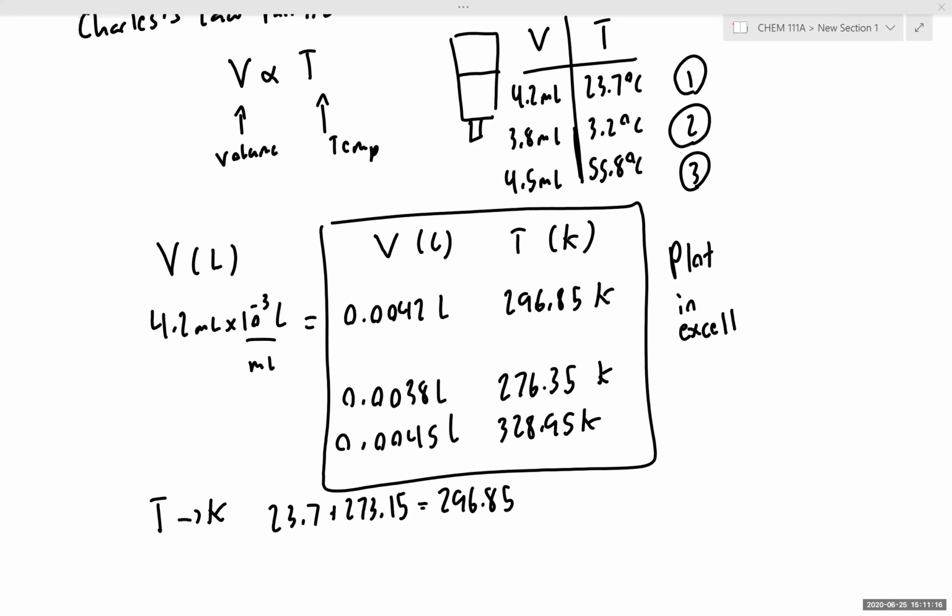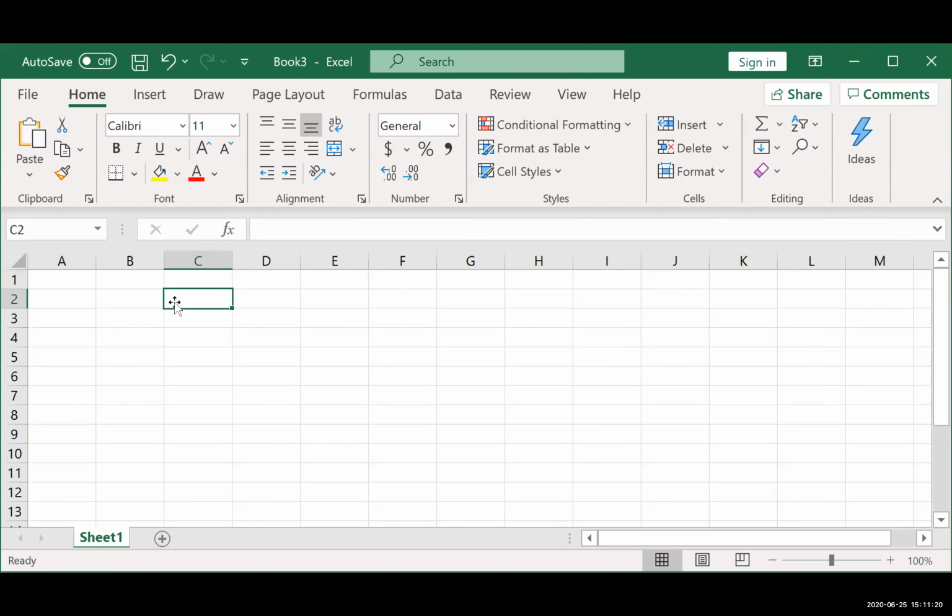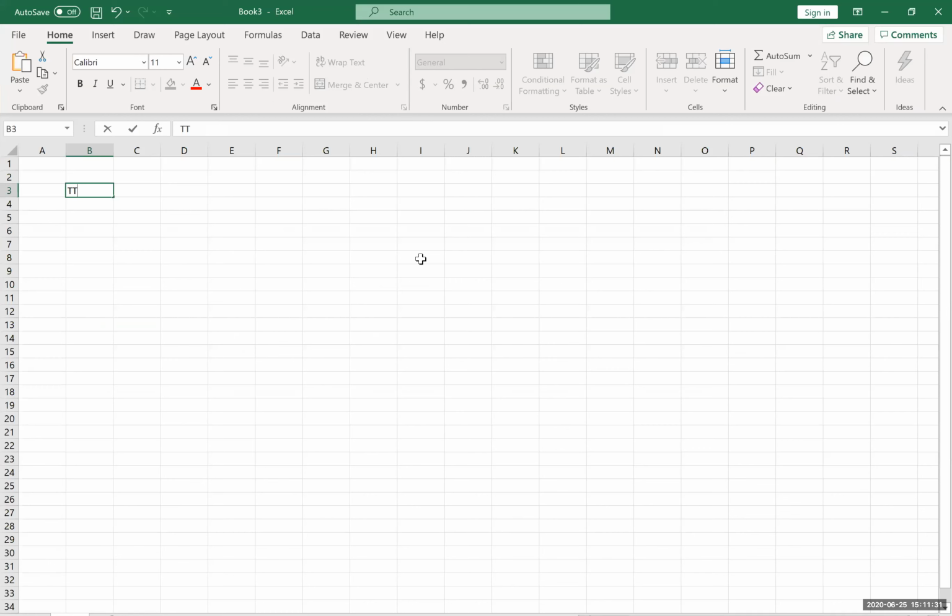So allow me to share my Excel sheet. Okay, so now we're going to make a plot of temperature in Kelvin versus volume in liters, okay?